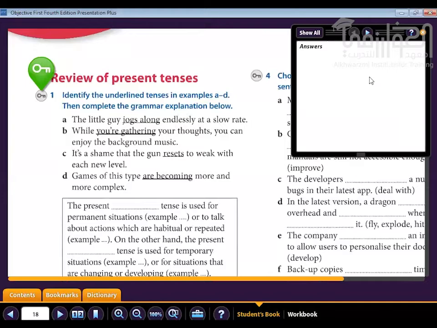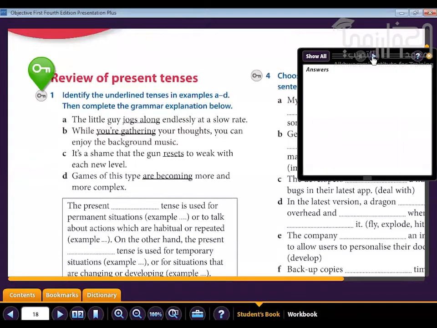So we have A, B, C, and D. This A is the present simple, as you can see. Then B, this is the answer to question B. While you're gathering your thoughts, you can enjoy the background music.